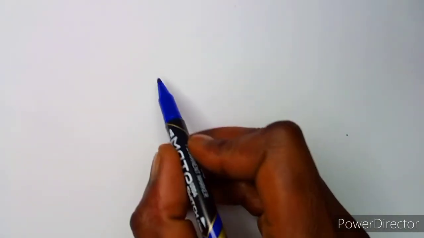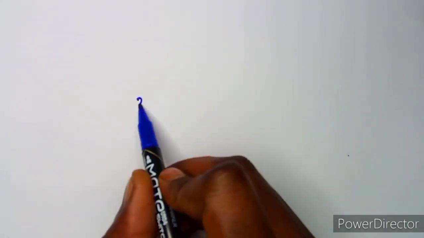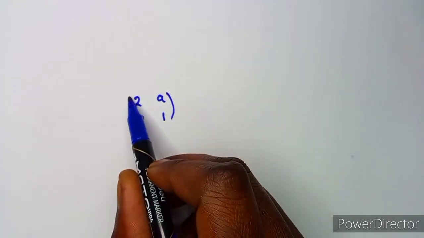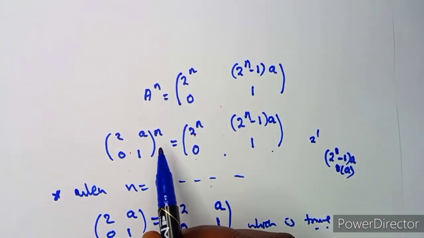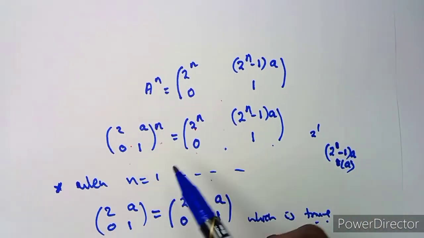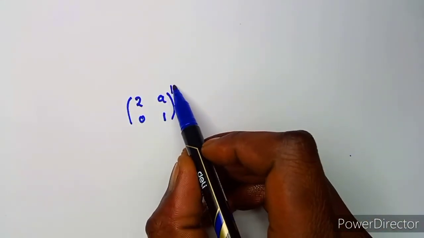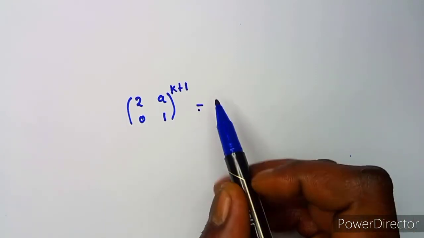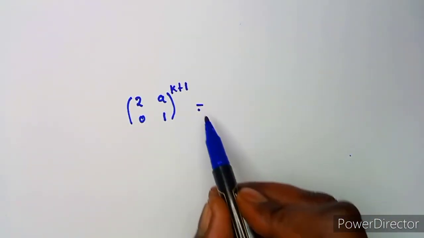So let's just take this on a fresh page. All right. So this is going to be 2A 0 1. This was your matrix to the exponent of n, which is now k plus 1. So it's to the exponent of k plus 1, like this, which is equivalent to.